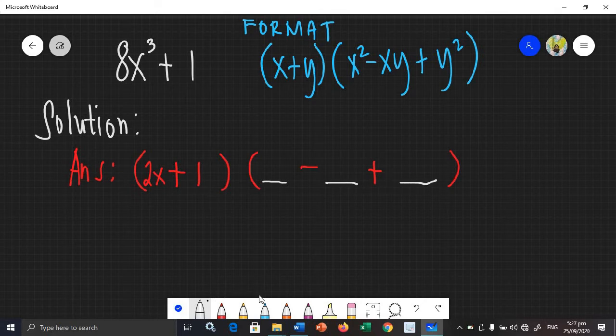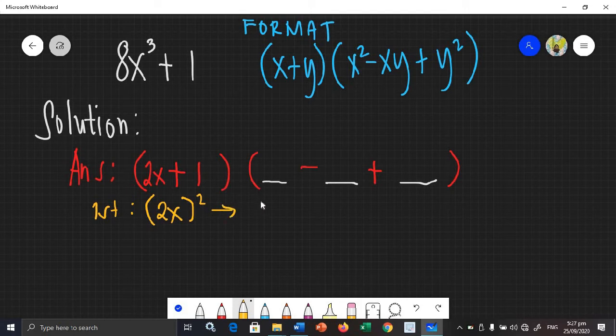Marami pa tayong hahanapin. So, according to this format, kaya niya nakuha yung first term sa trinomial kasi in-square niya yung first term sa binomial dito. Okay? So, computing for the first term, i-square natin yung 2x. So, 2x squared.